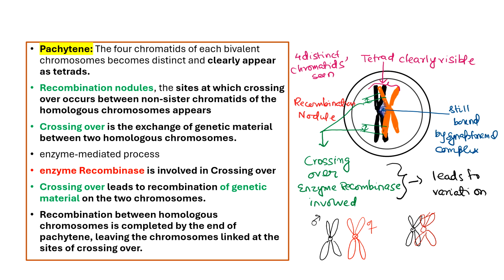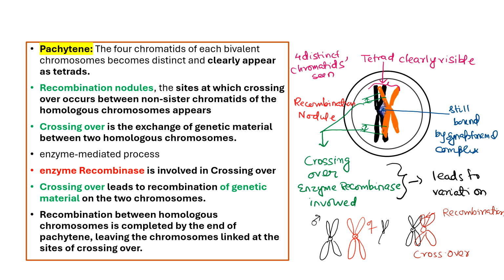This exchange of genes is called recombination, or crossing over. Recombination or crossing over, or simply crossover. So crossing over takes place in pachytene. First they will come together and in zygotene they will lie very close to each other.